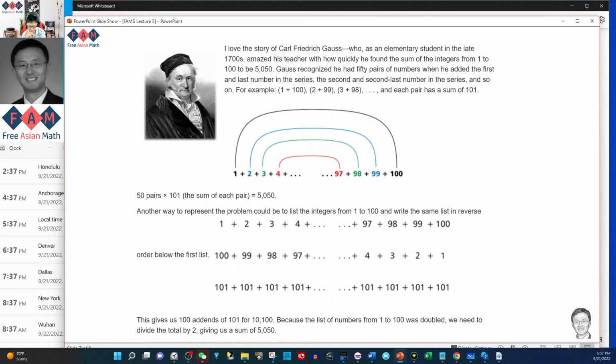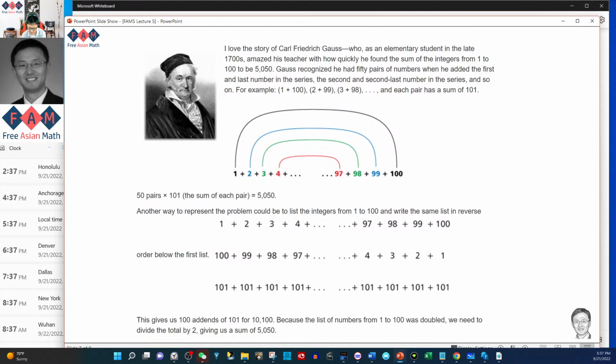I don't know which one is more accurate. Remember, that was several hundred years ago. Certainly, math was not as advanced as today. So, as a young child, he independently discovered this trick, which is truly remarkable.